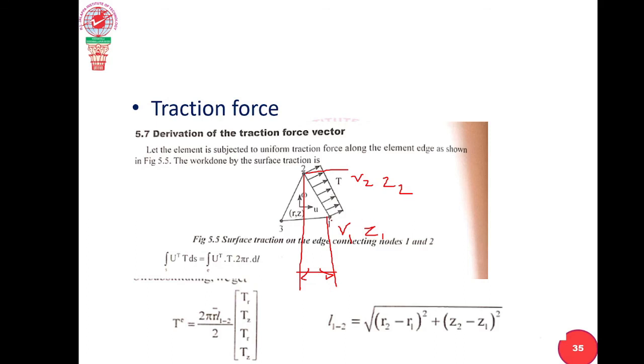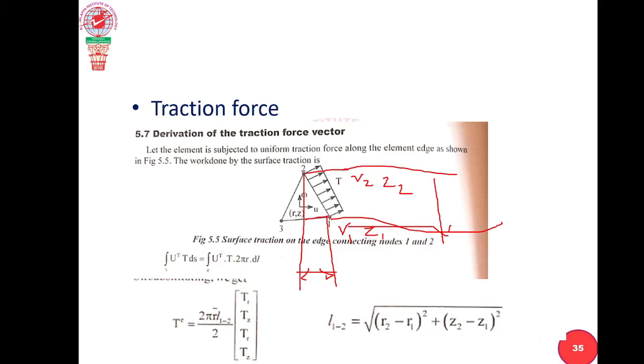Similarly, what is the vertical displacement? The distance here is Z2 minus Z1. If you consider this as the origin, it is R2 minus R1 and Z2 minus Z1. Clear? Or apply the Pythagoras rule. That's all. Apply the Pythagoras rule.